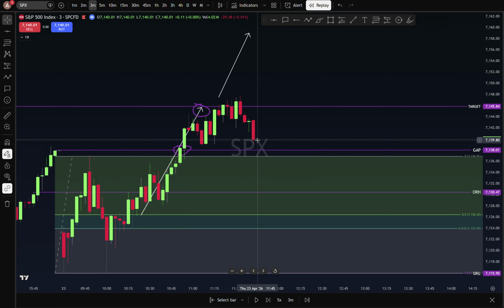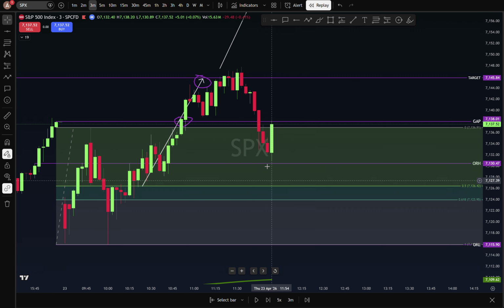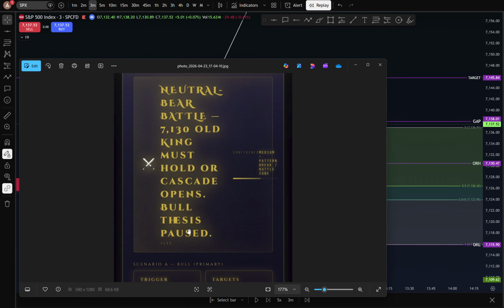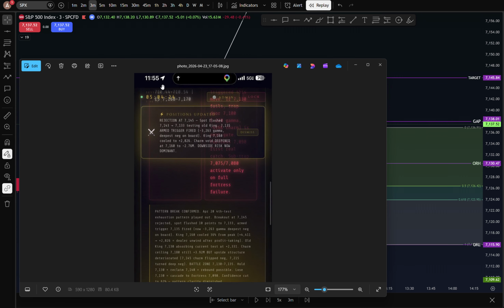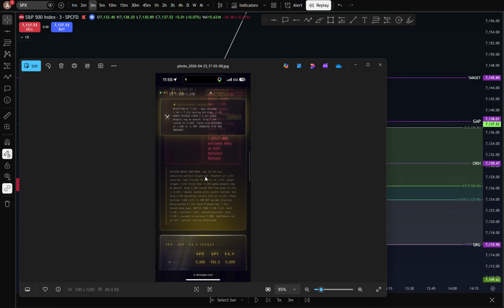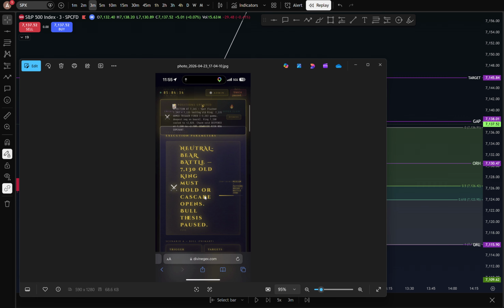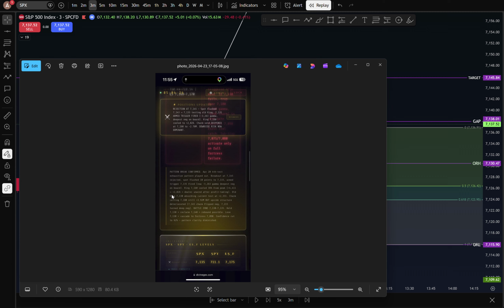Let's go to 55. Okay, this is 55. So now it says 71.30 must hold. Let me show you another picture. You see this one. Remember I mentioned when you guys get an update, don't look just at these here. It says trigger, target, don't look at those, just read these things.